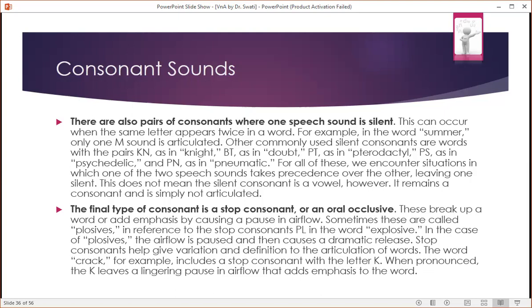Crack, crack. So the K is emphasized over here. There's a stop or a pause of airflow at the end of the word. Right, so these are four different types of consonants. Please remember these.